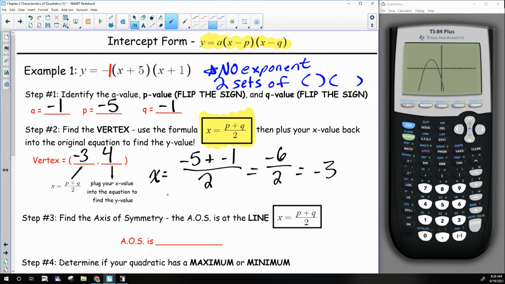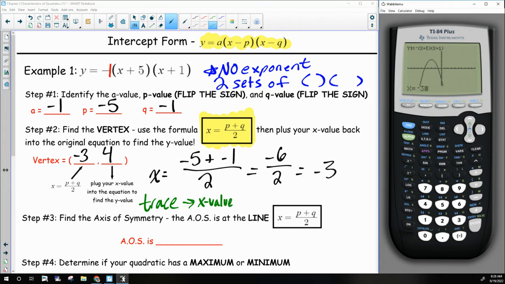Now, if I press trace, which is this button right next to the graphing button, I'll see a little spider pop up on my graph, which you can move back and forth. And then you're going to type in your x value. Our x value is -3.